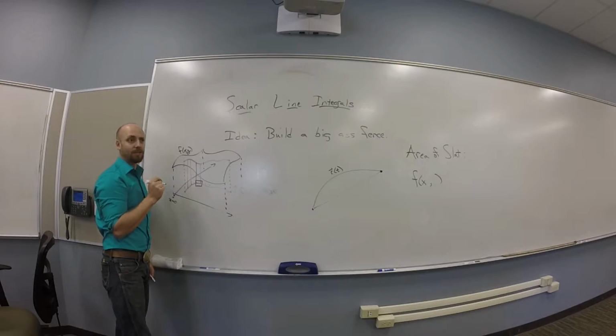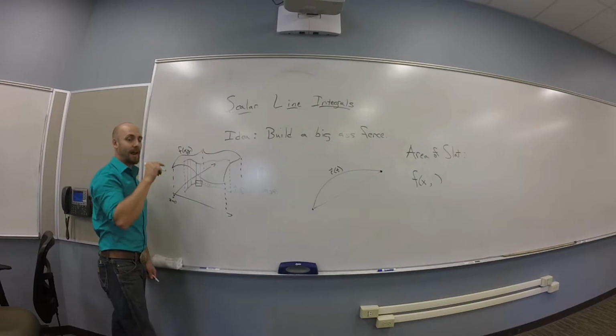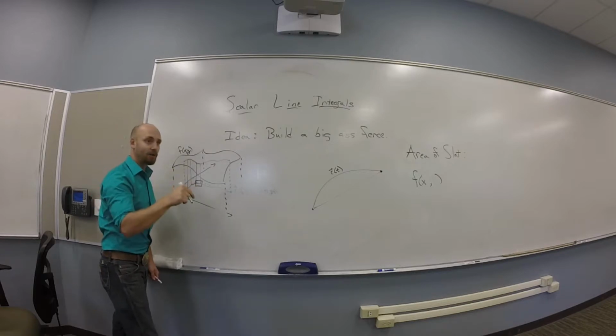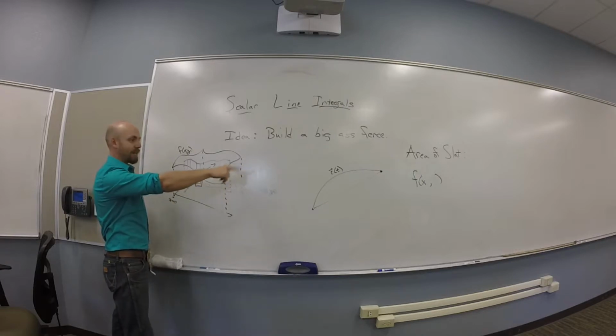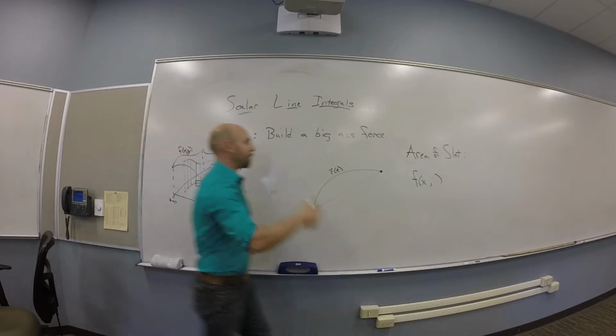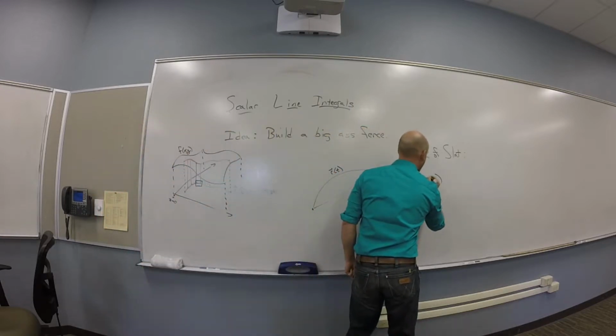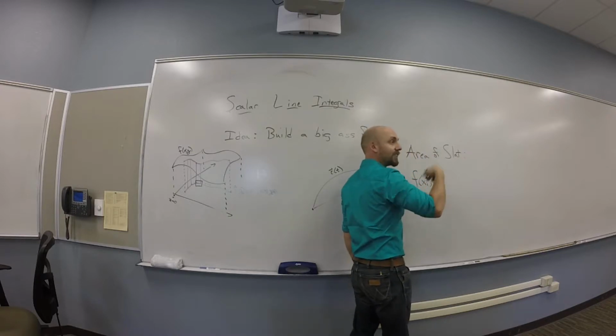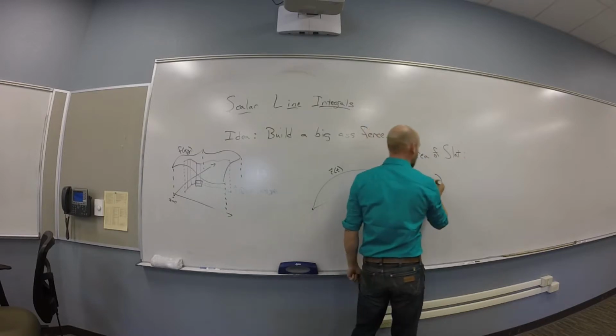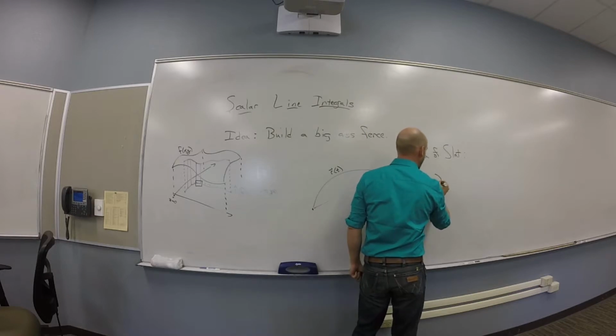That would be f of x and y, except that I'm doing that at, where am I evaluating f of x and y? I'm going to evaluate at one of the ends of this thing or someplace in the middle. There has to be some special x value in there and some special y value.